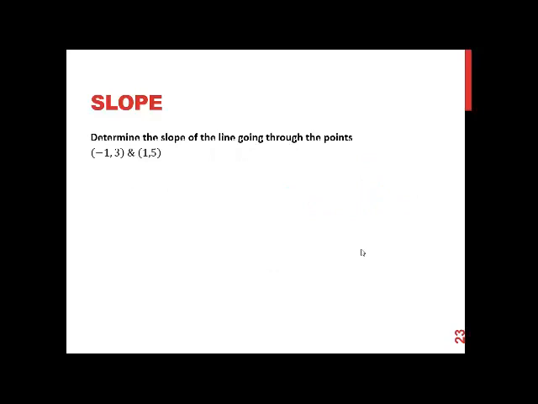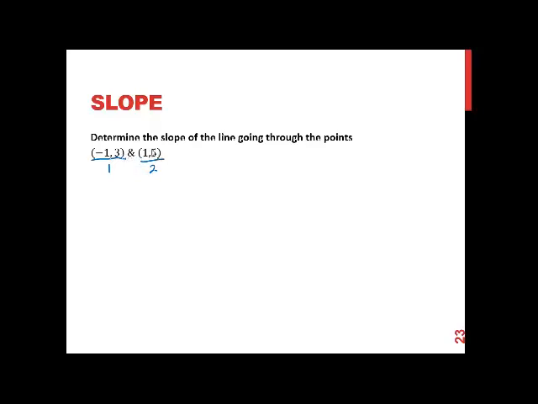So what's the slope of the line going to be through the points -1, 3 and 1, 5? We can pick whichever way. If we want this one to be our first point, we can have this one be the second point. It does not matter.